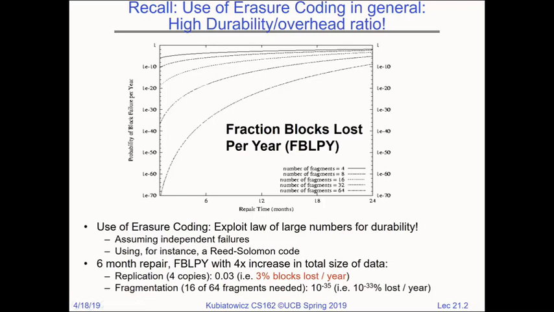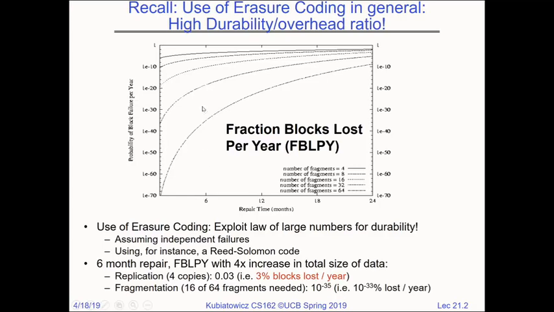Now, the alternative would still have a factor of 4 total storage overhead, but I would use erasure codes where I would send out 64 fragments, any 16 of which are sufficient to reconstruct. Same total size. That's this bottom graph.